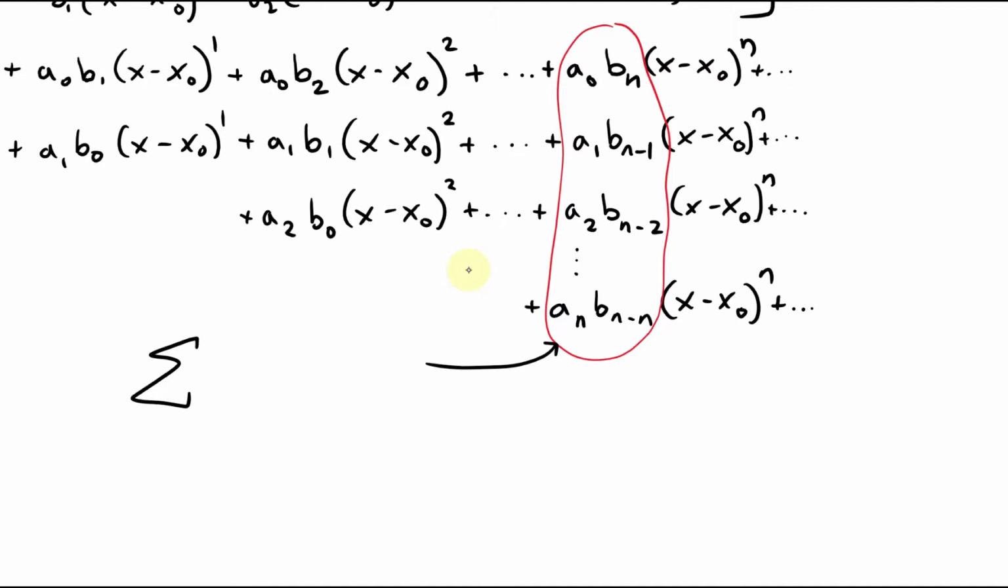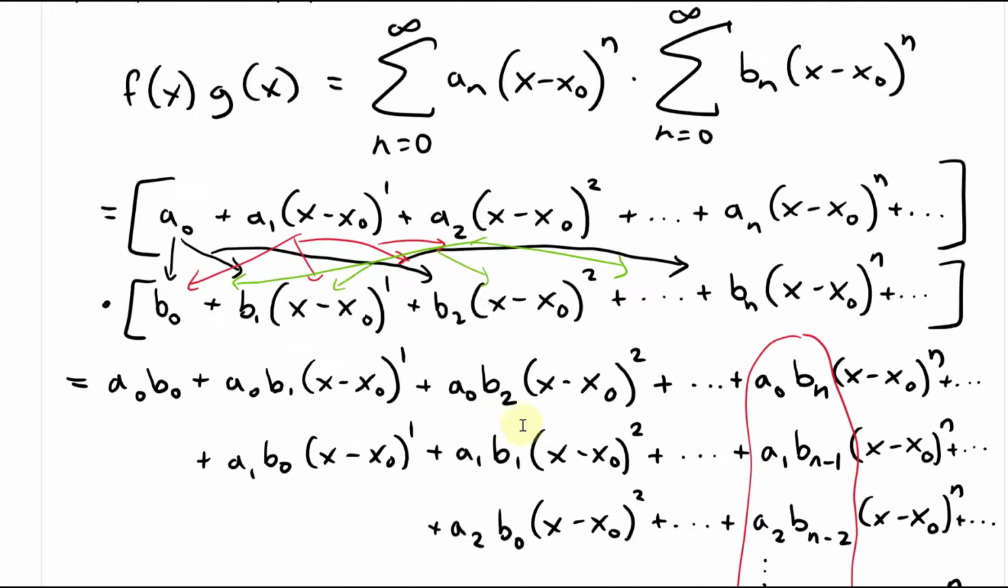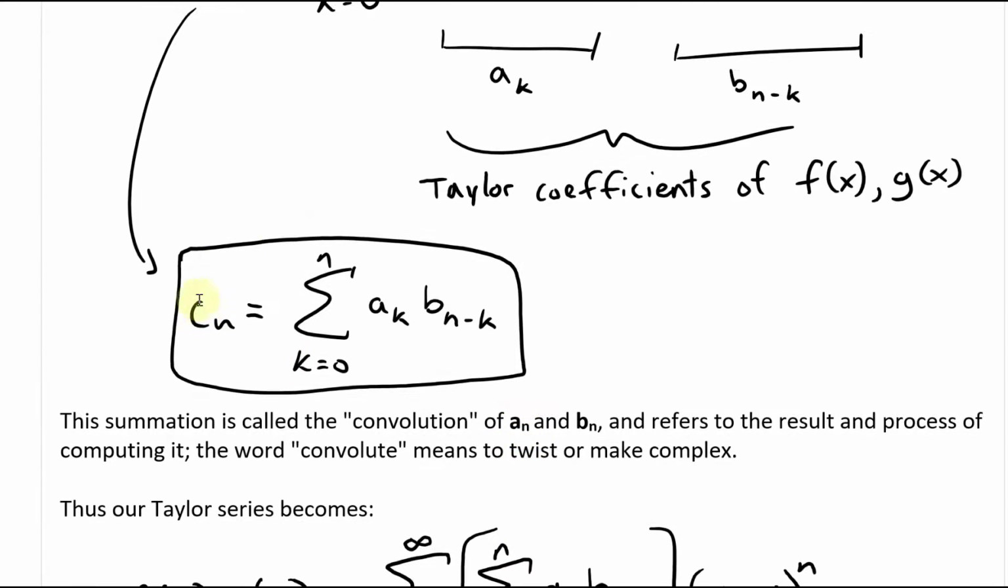Summation up to n, starting from k equals 0, so this is ak b n minus k, like that. And this is exactly what we got from our above formula, using the Leibniz rule and then getting it over to this. So this is exactly our coefficients for the multiplication product.